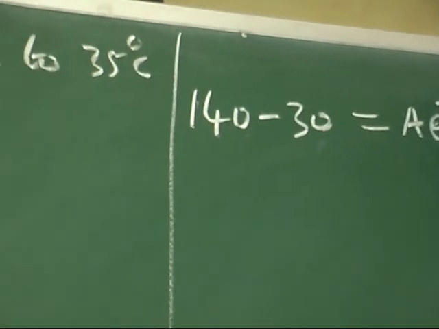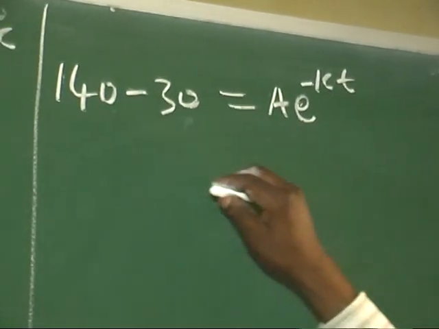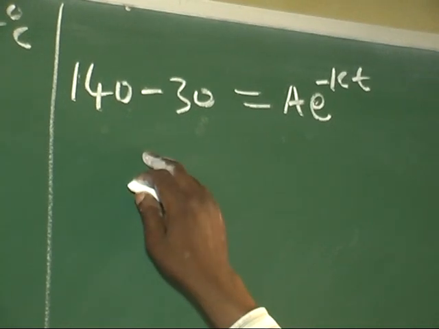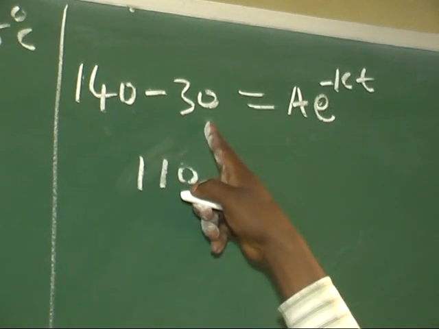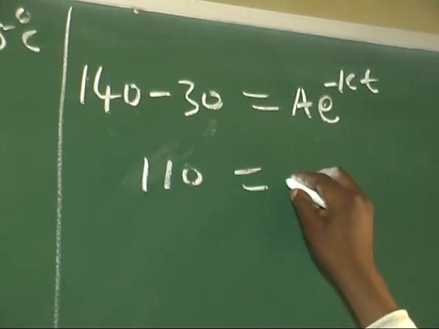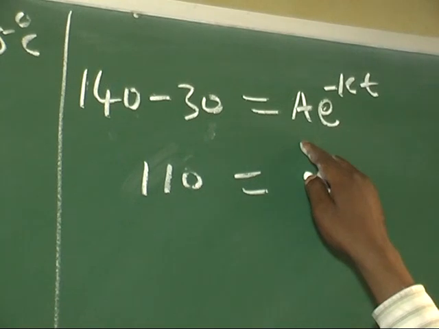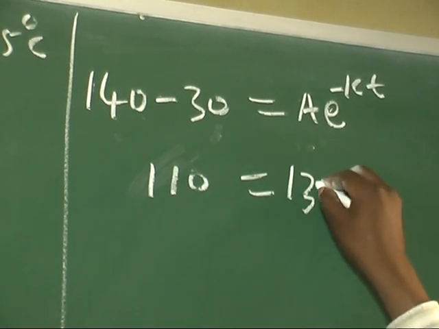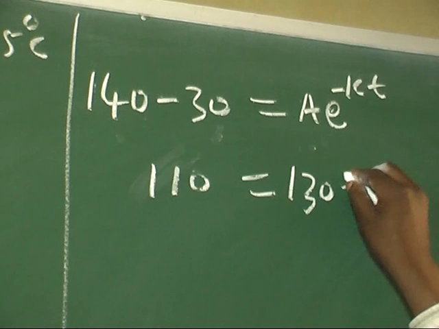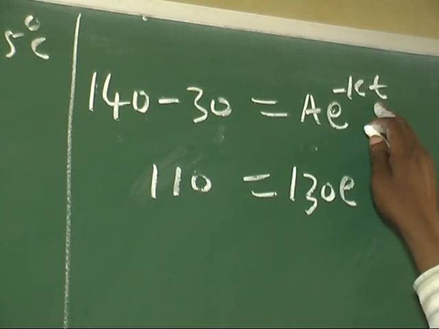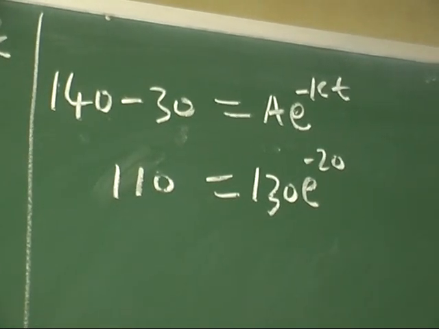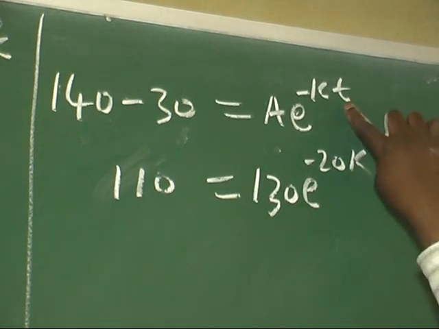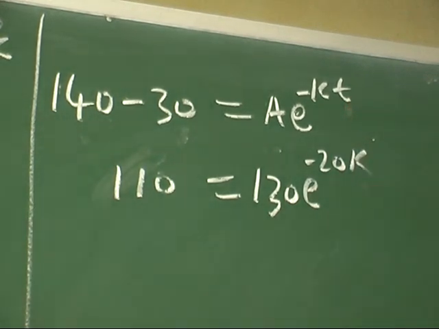Exponential minus kt. And now this minus this will give us 110, that's 140 minus 30, will be equal to, of course, A, let's put the value of A now, which is 130, then exponential, and t here is 20, so we have minus 20K.